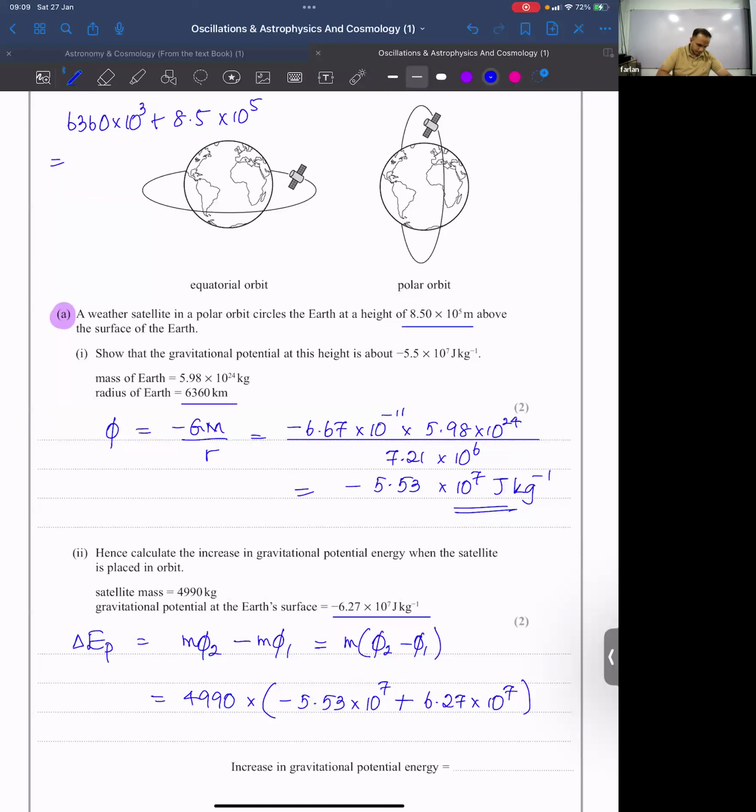So that's going to be 3.69 into 10 to the power 10 joules. Done.